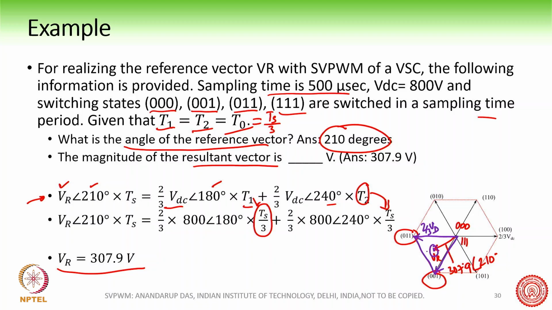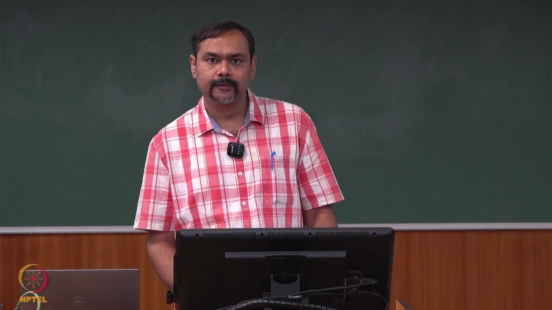This is the centroid, and from elementary geometry you can find the length of the centroid from one vertex of the equilateral triangle. Then you will also find that the length of this vector is 307.9 volts. So you can do it that way too, using geometry.